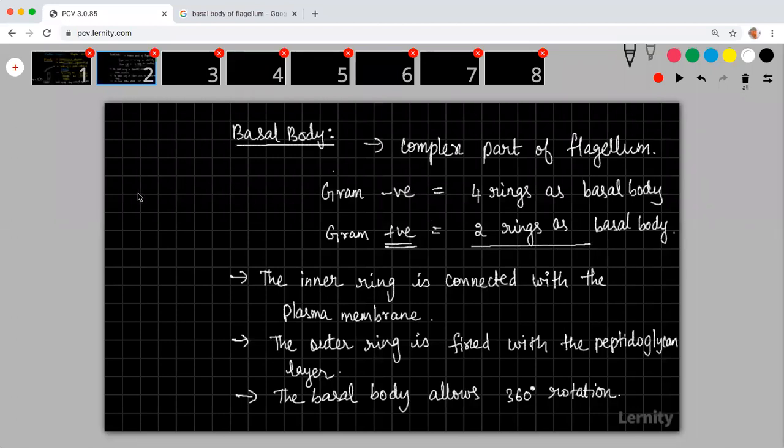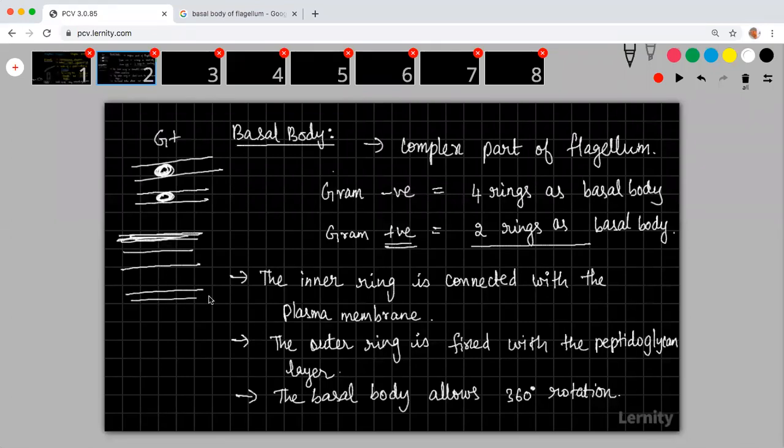The gram positive will have only two rings. One will be in the plasma membrane, and the other one will be in the peptidoglycan layer. This is gram positive. Suppose it is gram negative, you will have three distinct layers.